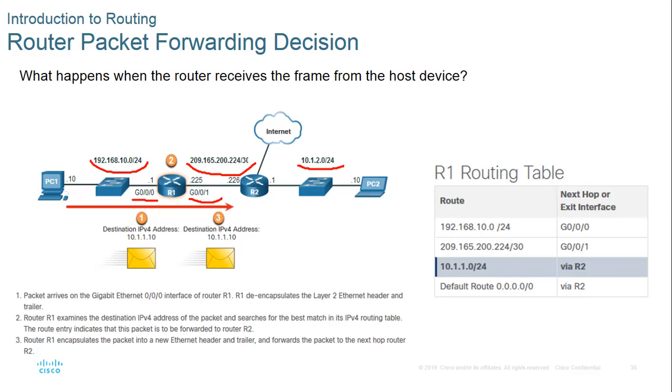This IP packet generated by PC1 holds a source IP address, which is its own IP address, 192.168.10.10. And the destination IP address is the IP address of PC2, which is 10.1.2.10.